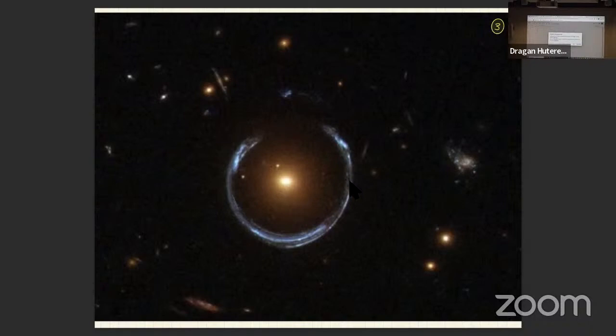There's also something called microlensing or millilensing that can occur. So we can generally only find subhalos as some small perturbation to some strong lensing.